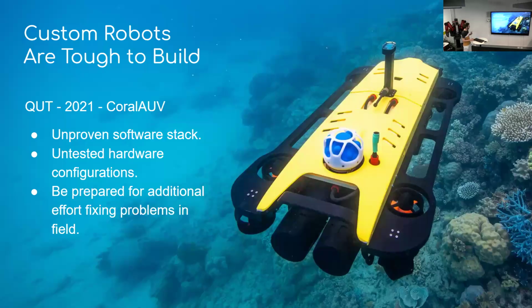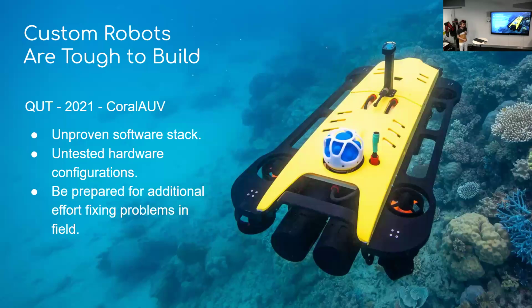All right, so to the Coral AUV project. This was a great project, but there were a lot of untested components. We were in charge of doing the software stack, and it was during COVID years, so we had very limited capability of actually going out to the reef and testing this robot.